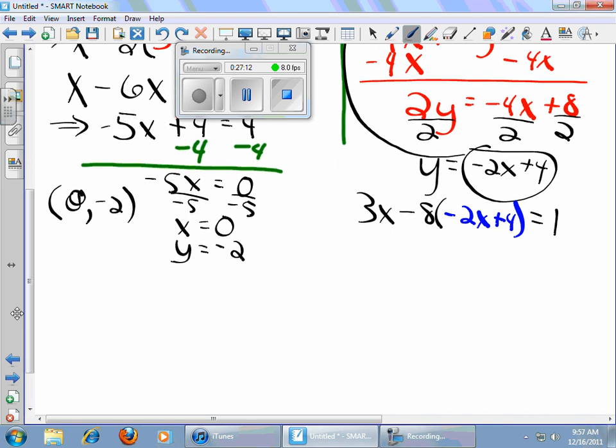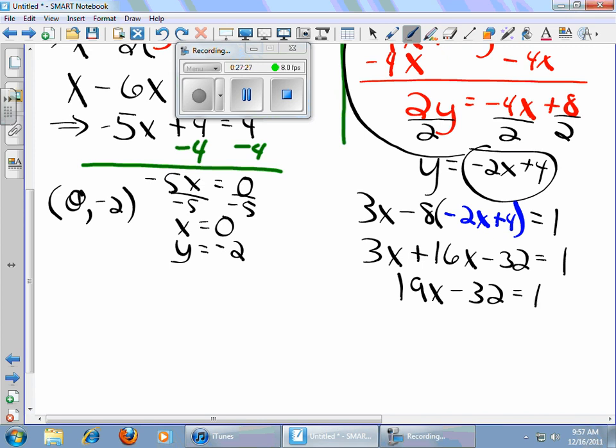Okay, so I'm going to distribute to get 3x plus 16x minus 32 equals 1. Combine like terms to get 19x minus 32 equals 1. Add 32 to each side to get 19x equals 33.